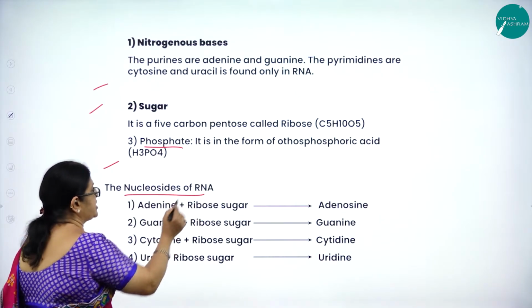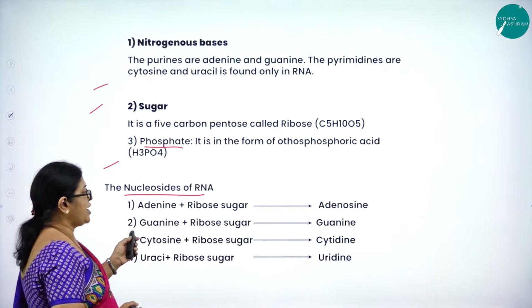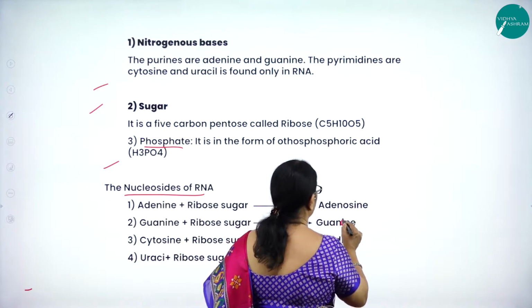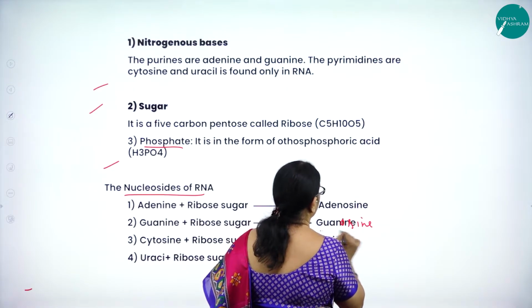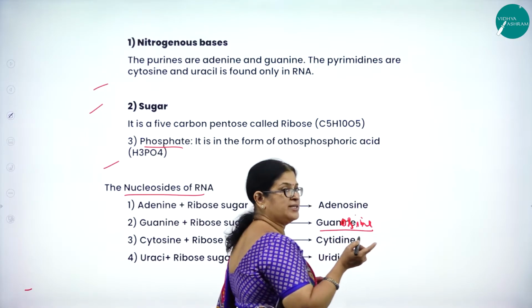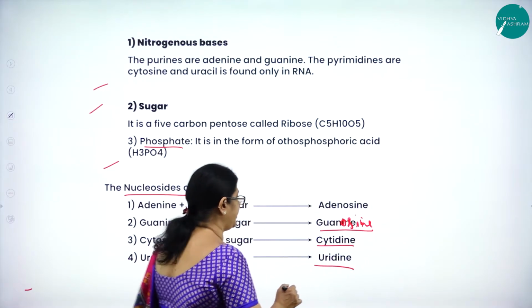So what are the nucleosides of RNA? Adenine plus ribose sugar, adenosine. Guanine plus ribose sugar, guanosine. It is guanosine, not guanine. Guanine is one of the nitrogenous bases. Here it is correct. Cytidine and uridine.